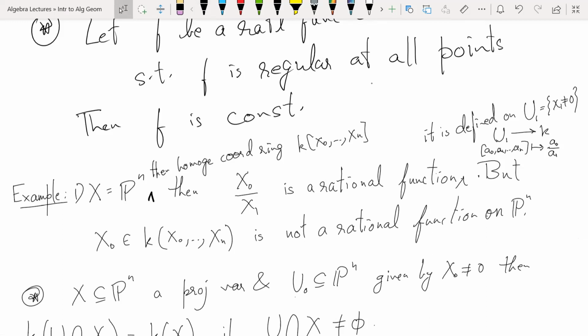So if bi is lambda times ai for all i, then the lambdas in the numerator and denominator cancel out, and you get the same expression.